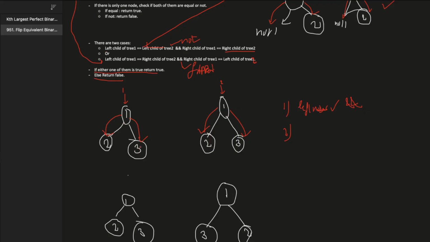When I'm checking the right nodes of both the trees, 3 is equal to 3. So the right nodes are also equal. I said either one of them needs to be true, right? So since both of these conditions are true, this became true. So we don't need to check for these, right? Even though it's false, since this is true, we can return true.